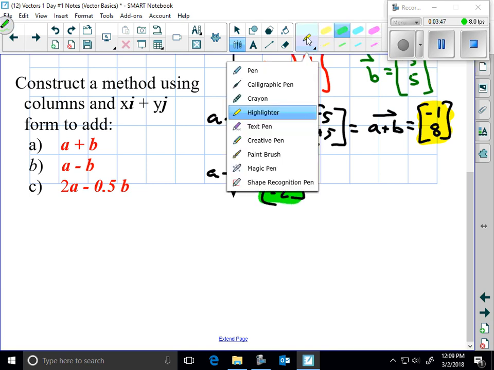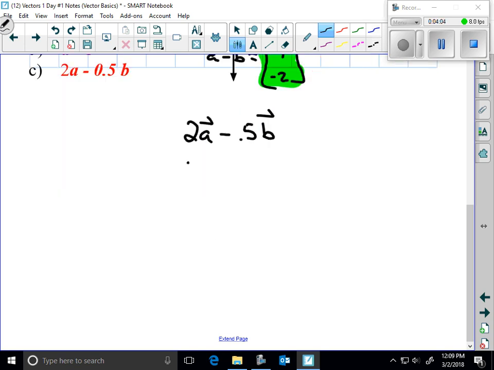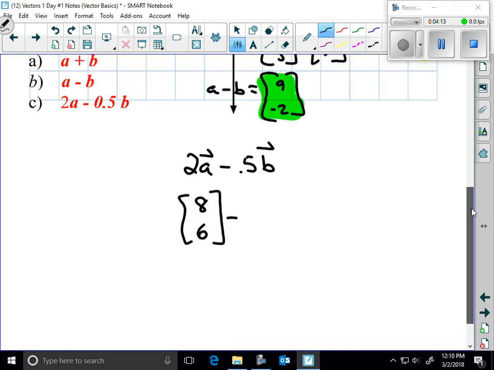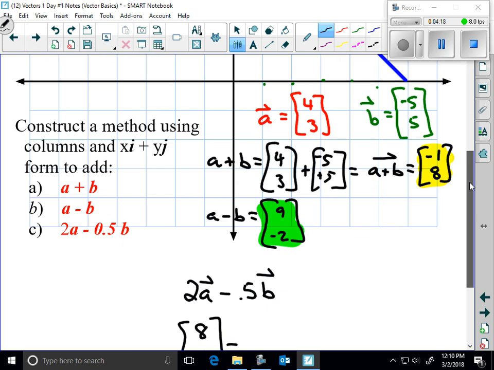Okay, and now we've got a little scalar multiplication along with what we're doing. I'm going to take 2 A's and subtract 0.5 B's. So let's figure out what 2A would equal. Well, A was 4, 3, so 2A will be 8, 6. B was -5, 5, I believe, right? Yeah, -5, 5.